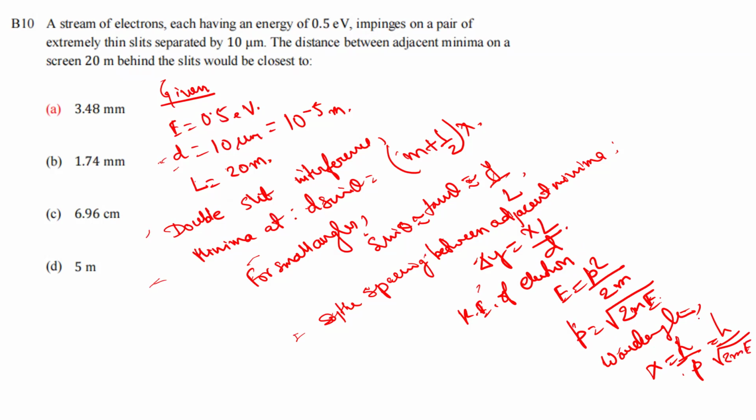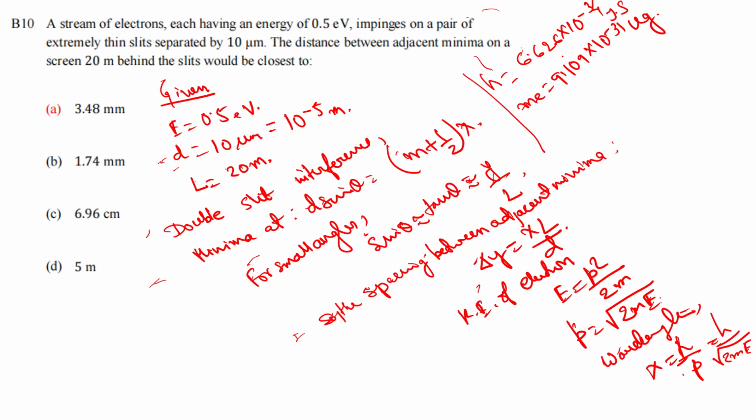We have the values of the constants: h equal to 6.626 into 10 to the power minus 34 joule second, and the electron mass m equal to 9.109 into 10 to the power minus 31 kg.